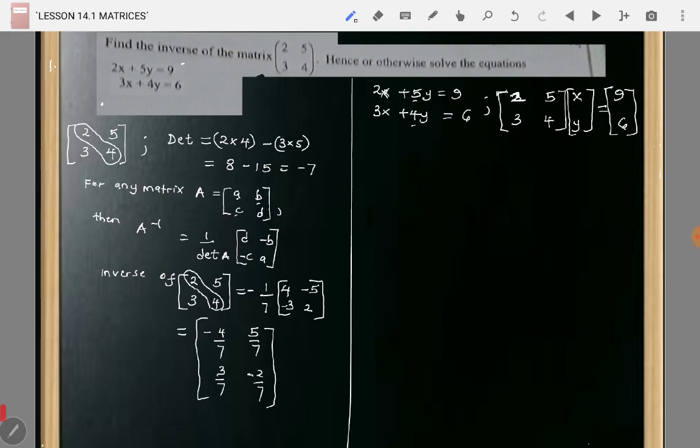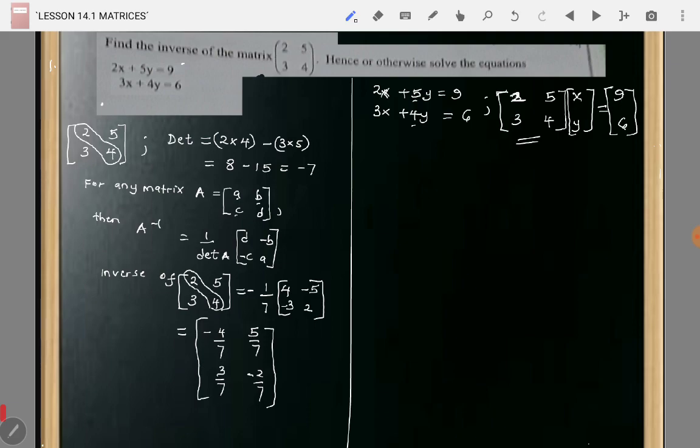Then, in order to solve a simultaneous equation using matrix method, we take the matrix of the simultaneous equation, we pre-multiply it with the inverse of that matrix. Because the matrix looks exactly the same as the matrix that we were told to get the inverse of, when we pre-multiply the matrix with its inverse, we usually get an identity matrix. So the concept that we are going to use is to pre-multiply the matrix of our equations with the inverse of the matrix that we had gotten.